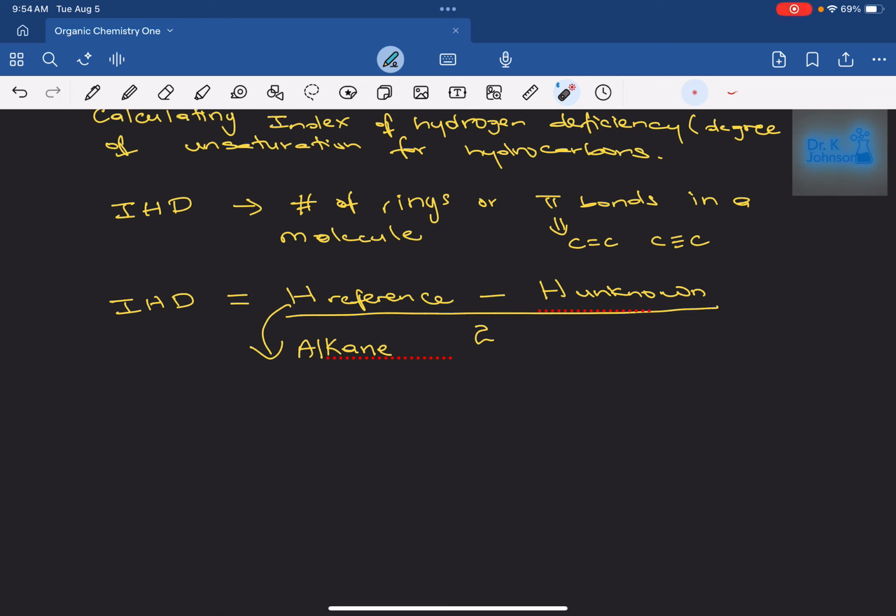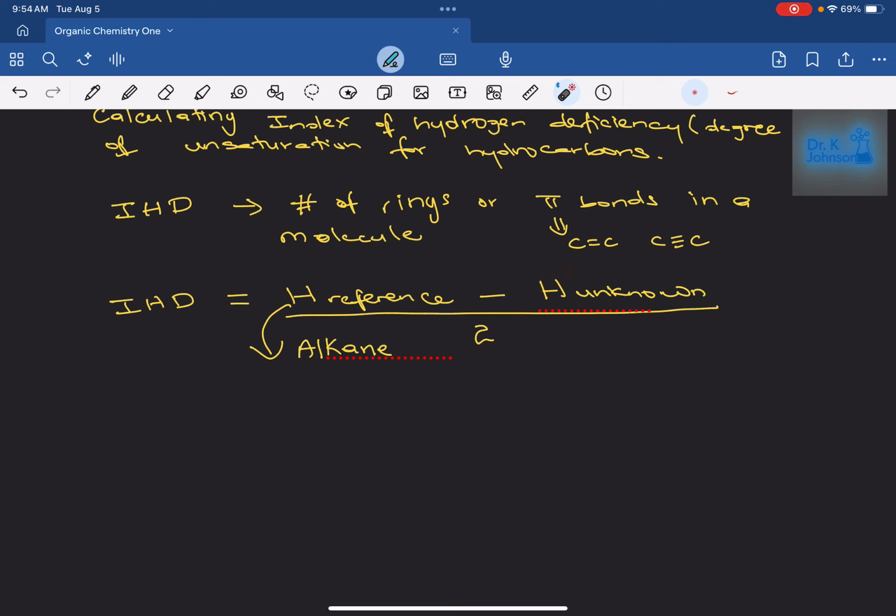To get the difference in hydrogen, clearly I'm going to subtract the one that is lacking from the one that is loaded with hydrogen. This is loaded with the most hydrogens that it could ever have. Then I'm going to subtract the number of hydrogens from my unknown, because my unknown is lacking.